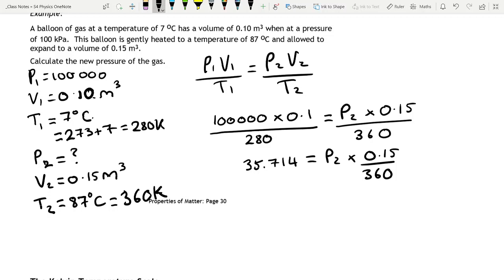Okay, so again, if you want to simplify it even more, you can work out what 0.15 divided by 360 is. And then you've only got three terms. So can you take it from there? Let's see if we all get the same answer. Because they're all times, if they were added, yes, but no, because they're times together, you can separate it out.